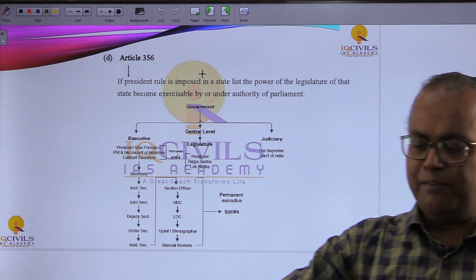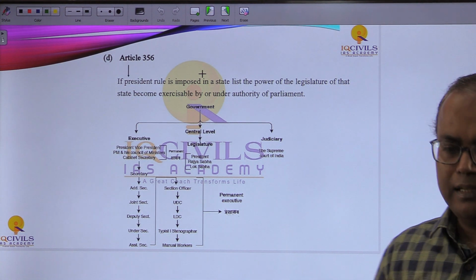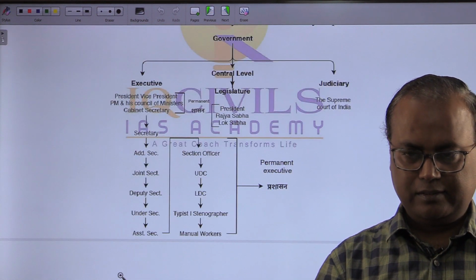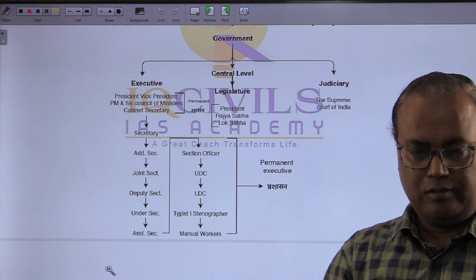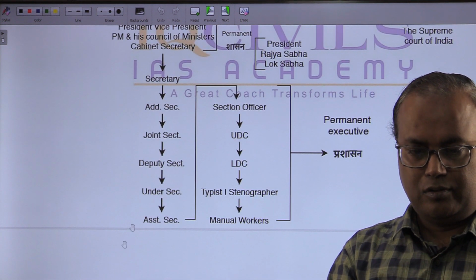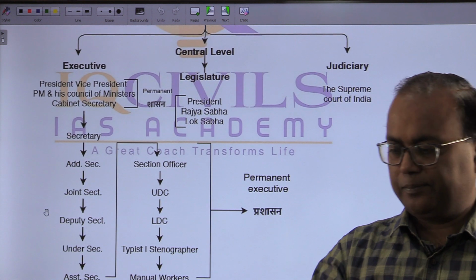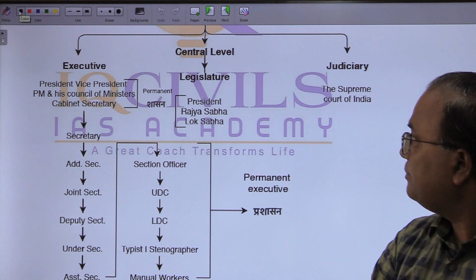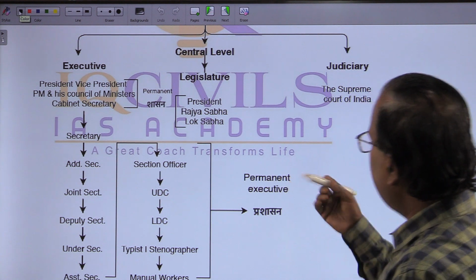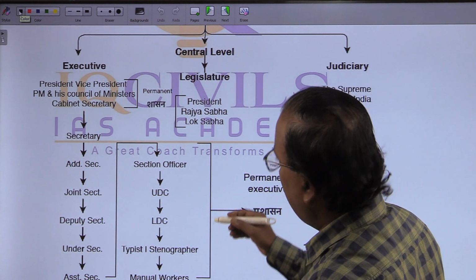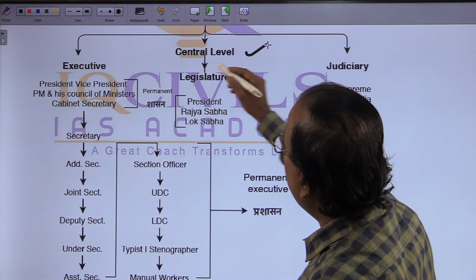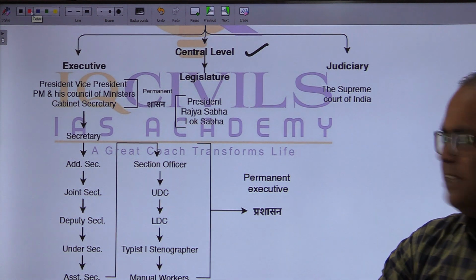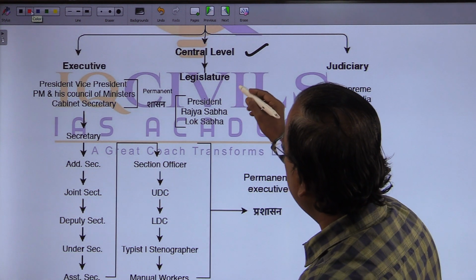And just take the example of the central level, okay. Now try to understand. Government at the central level, as I told you earlier, we have the legislature, and what is the legislature here?